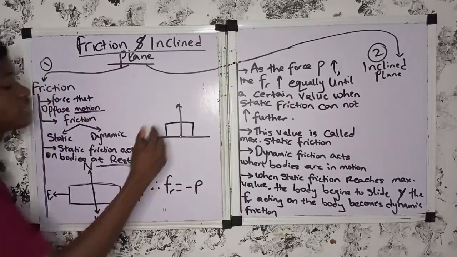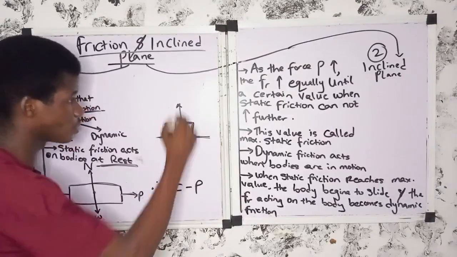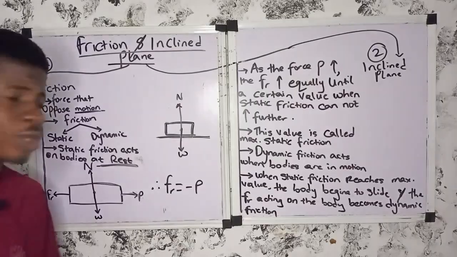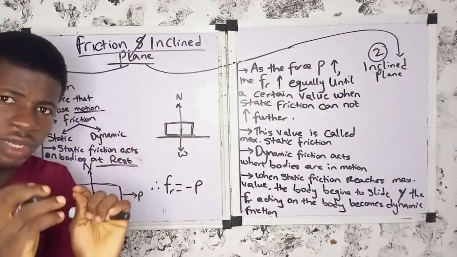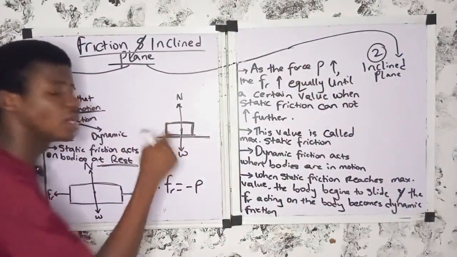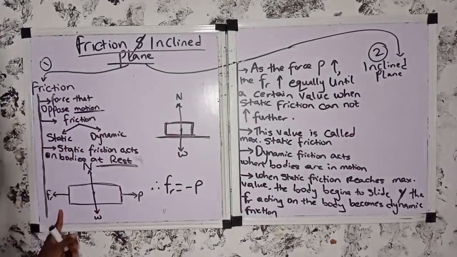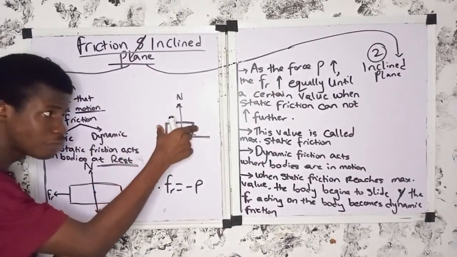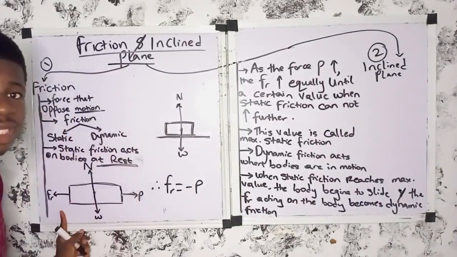At the same time, the body resting on the surface exerts a downward force, known as weight. This body is at rest, and the friction acting on it that keeps it at rest is known as static friction.